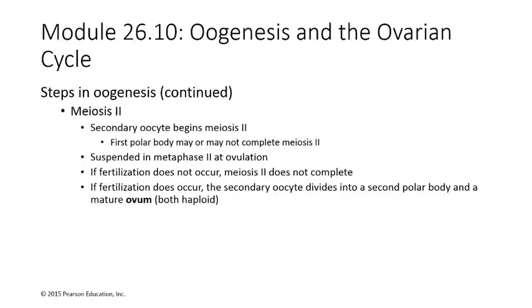That cell will begin meiosis 2. Now again, it's not even going to finish meiosis 2. It's going to get stuck again and will not finish meiosis 2 until, and if, it's fertilized. Then it will divide again and form that mature ovum. Again, it'll be an unequal distribution, so there'll be another polar body formed at this point.